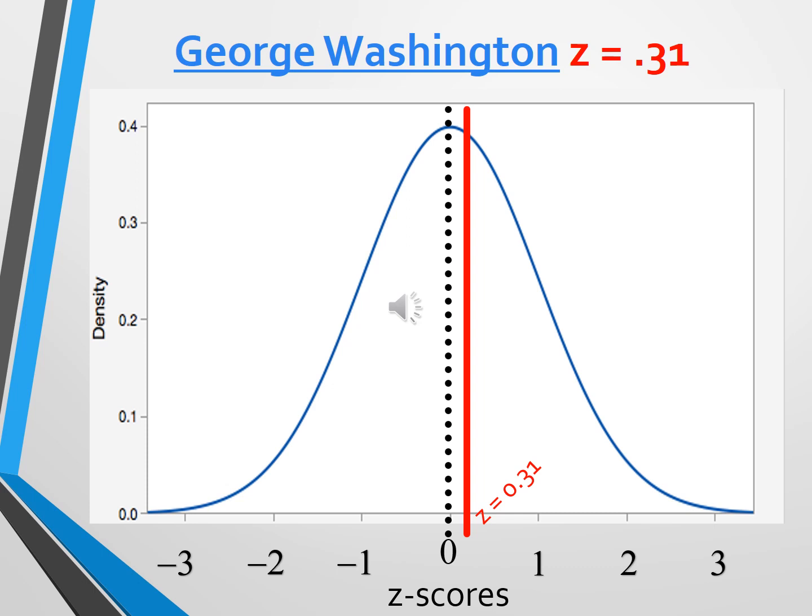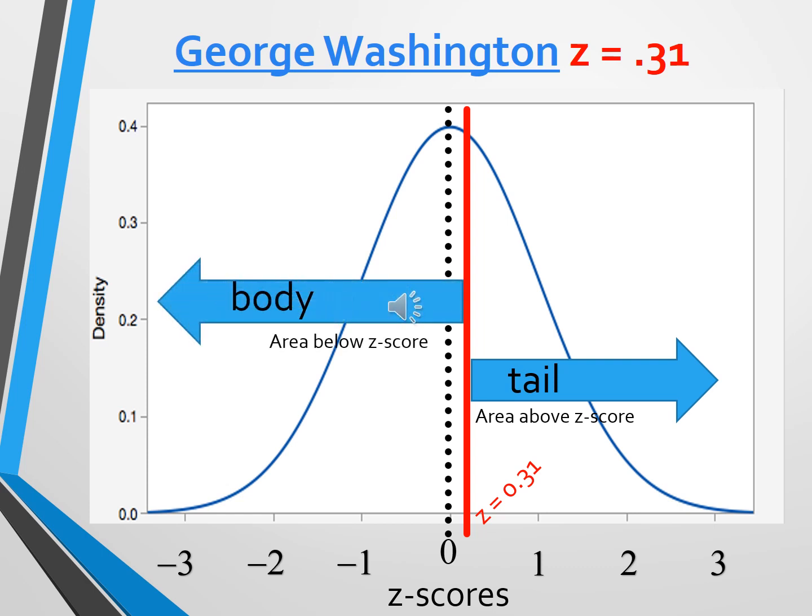So if we start at the z-score, 0.31, the tail of the distribution is to the right. That is also the area above the z-score, with scores greater than 0.31. And to the left is the area below z with scores less than 0.31. To the left is the body. The body is always larger and the tail is always the smaller part of the distribution.